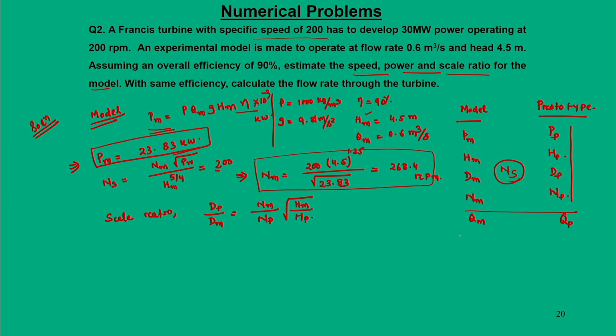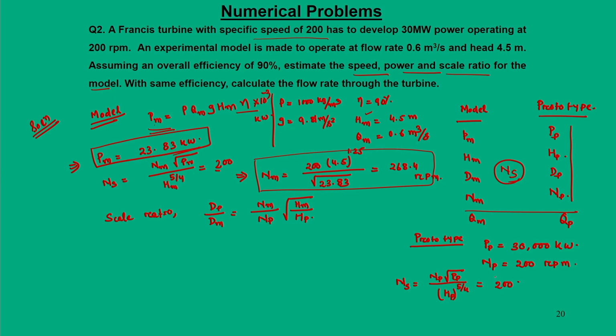Now, for the prototype we have Pp is equal to 30 megawatt or 30,000 kilowatt, Np is equal to 200 rpm. So, we can say Ns is equal to Np into square root of Pp divided by Hp to the power 5 by 4, and that number is 200.